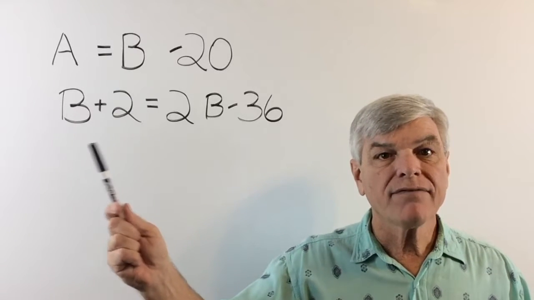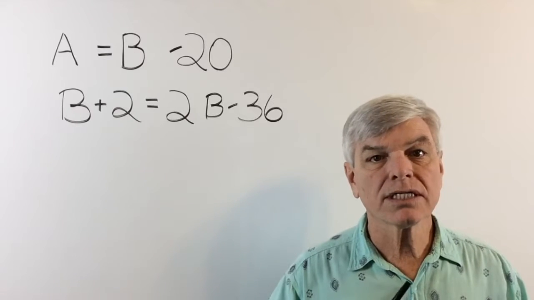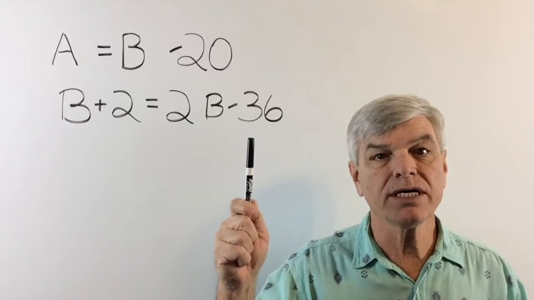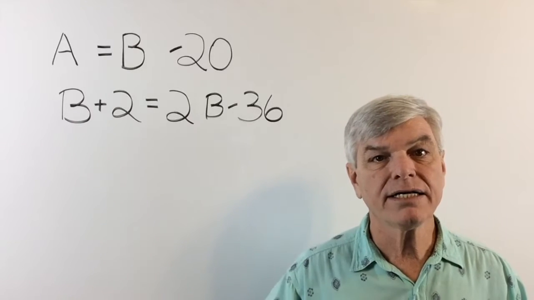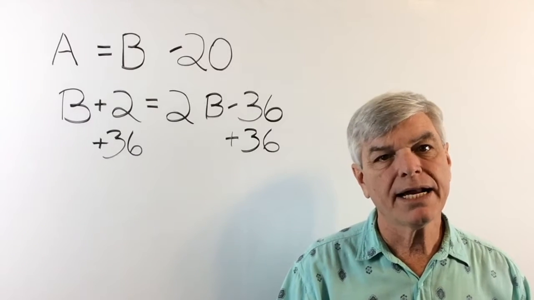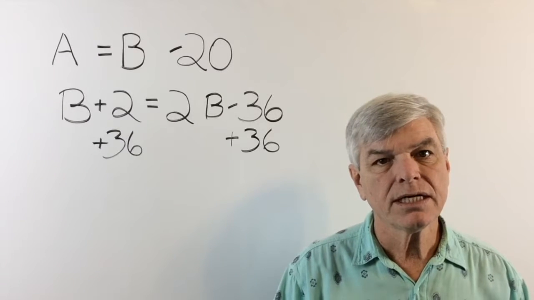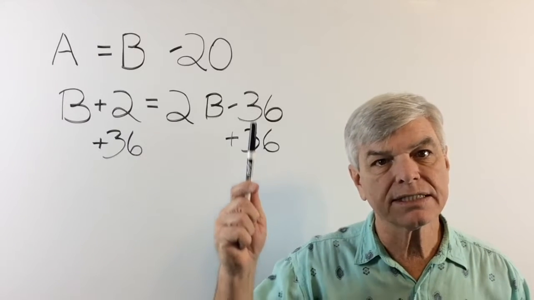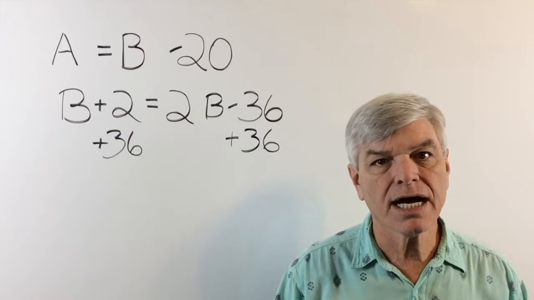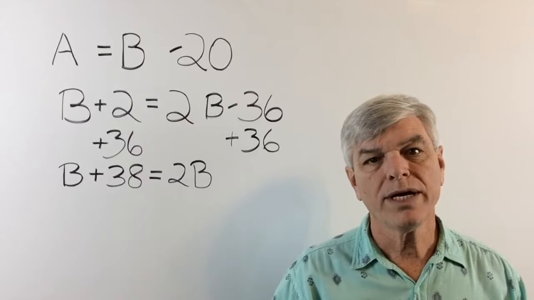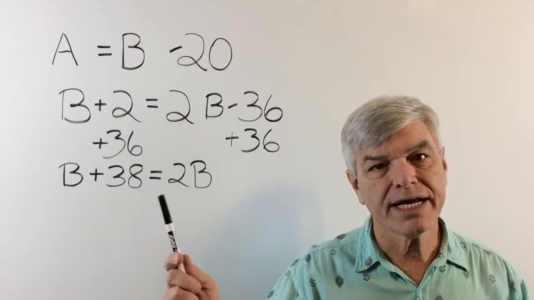We don't have any more like terms, so let's start moving some stuff around. How about if we move the units over to this side by adding positive 36 to both sides of the equation? That will eliminate all the units on this side. And if we bring everything down, we will have all the units on the left-hand side.